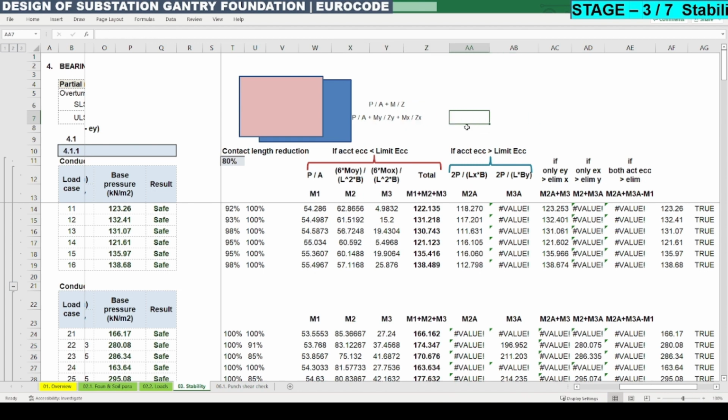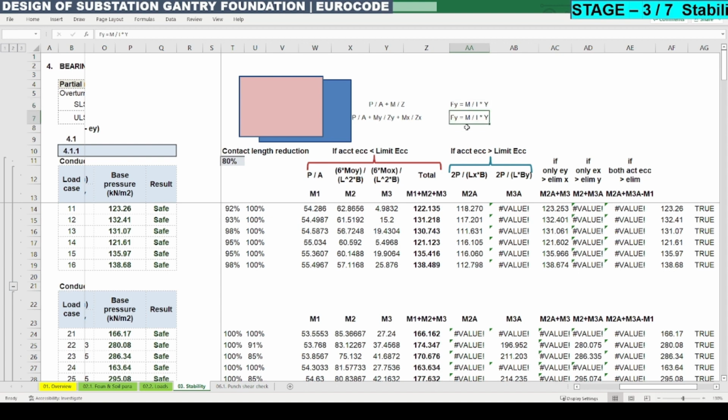So we know how to calculate the stress from the bending moment. We know that M divided by I into Y is the equation to convert the bending moment into stress, the bending stress. So you can also write this instead of Fy.